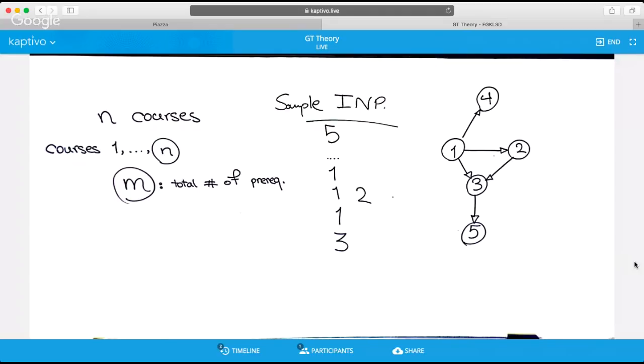So if I provide an algorithm, I would expect it to be analyzed based on n and m. For example, one may analyze a solution to be O of n times m. I'm not saying this is the optimal solution. I was saying the answer should be expressed based on parameters n and m.